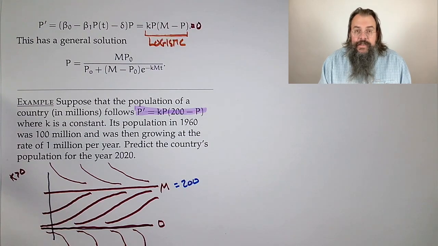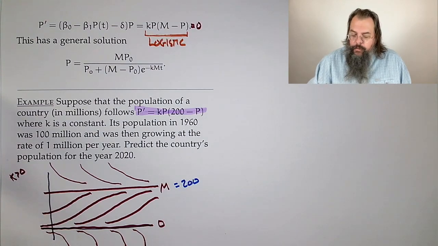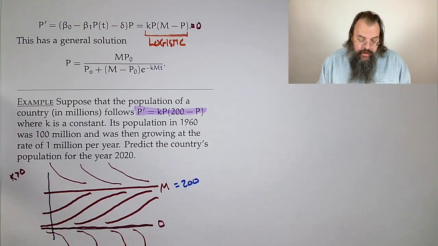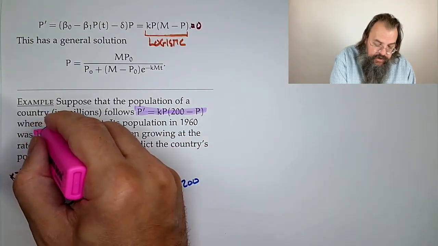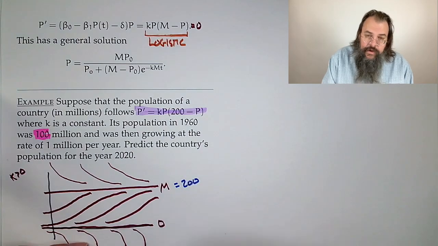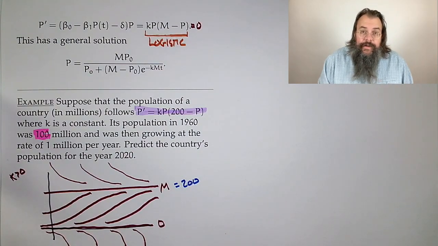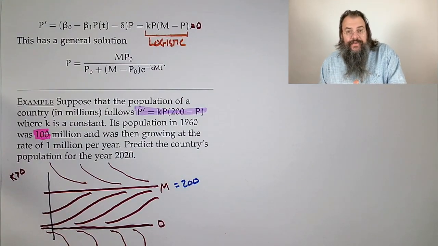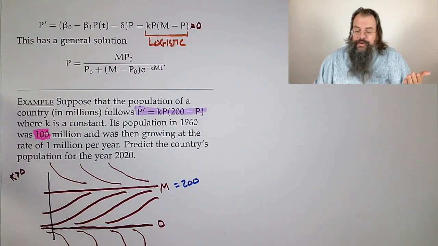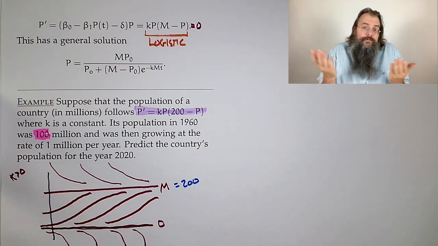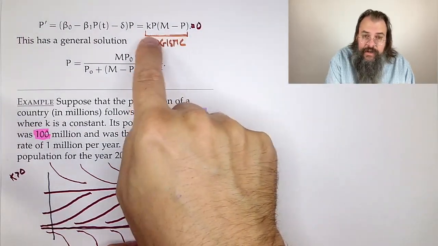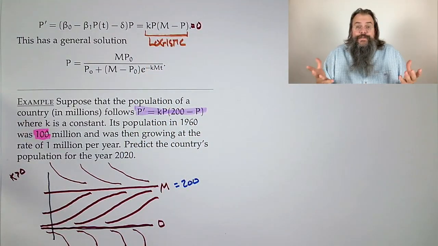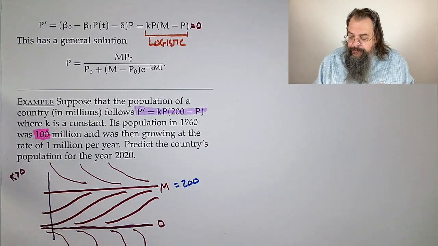Now, let's untangle this. What information do we have? We certainly have some initial information, which is the 100 million. Now, the question is, what do we think of as our initial time? Do we think of it as 1960, or do we think of it as saying reset to 0? The answer is we can pick, because notice, time does not show up in this model, which means you can pick a convenient time for us.